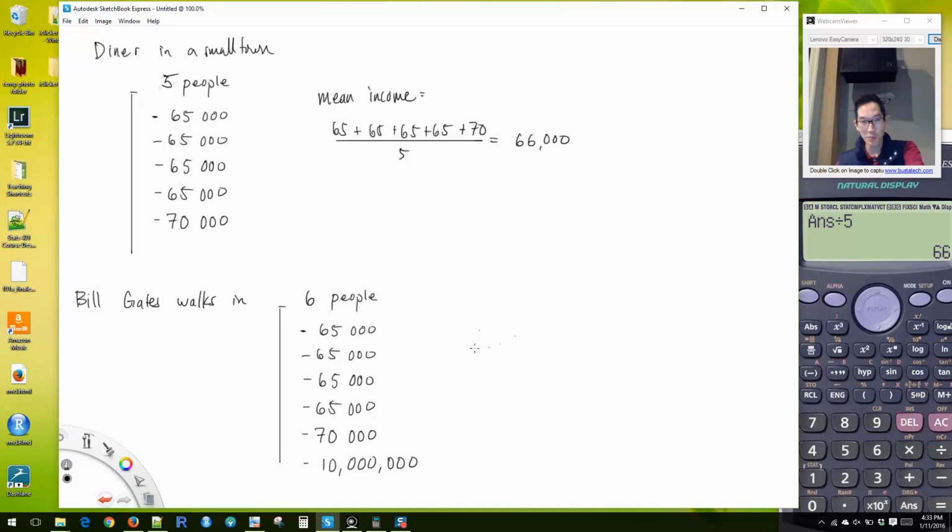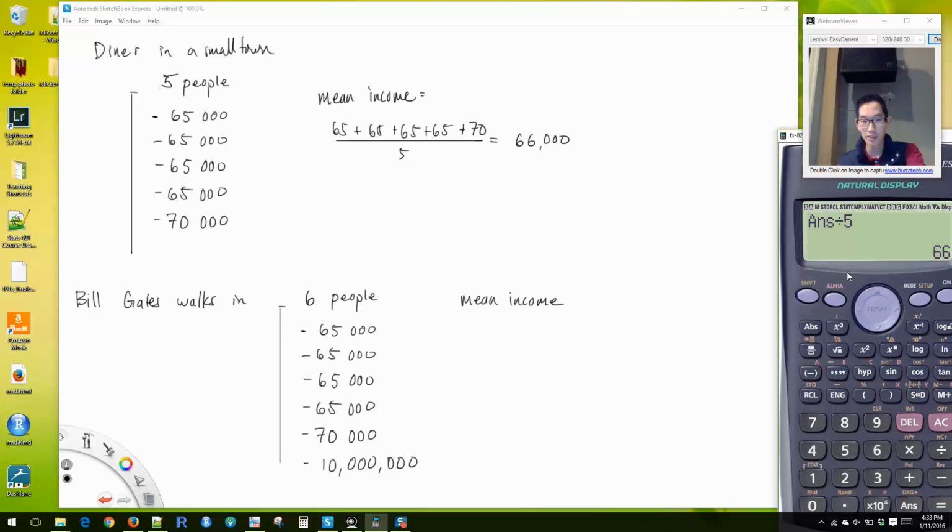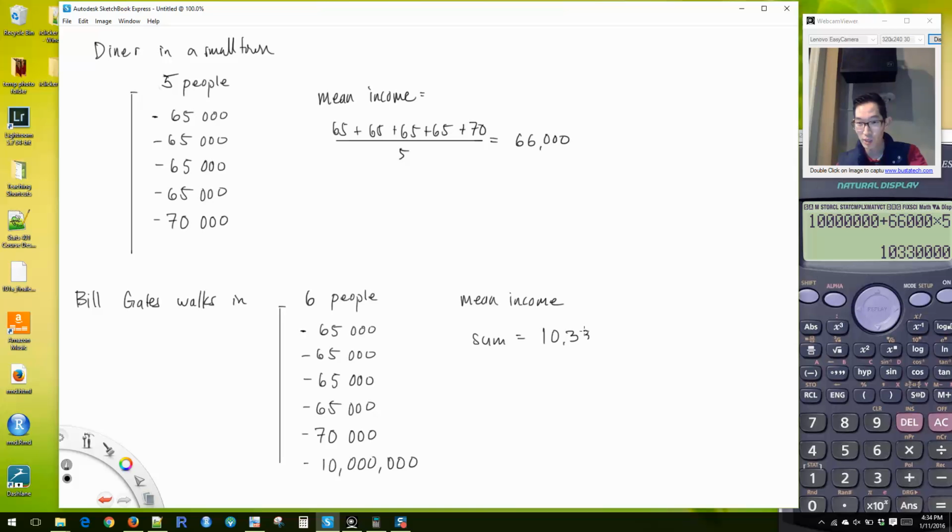All right, so now there's 6 people, and what is their mean income? So the sum is now, what is it? 10 million plus 66,000 times 5. Okay, so if I add everything up, I get 10,330,000. Okay, and then I divide now by 6.